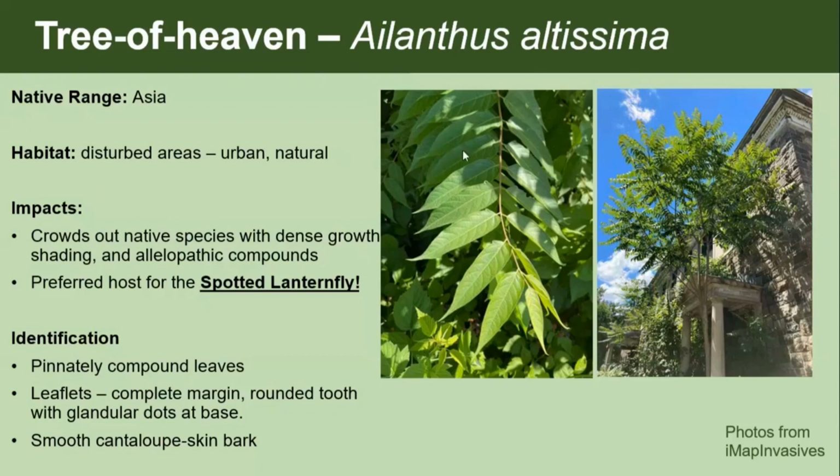And for identification, I'm just flying through it right now, but we do have more information on our challenge webpage, which I'll link to at the end of the presentation. But essentially, it has a sort of palm-esque look to it, with leaves with a bunch of leaflets around them, pinnately compound. One distinctive thing about each of these leaflets is that they have these little teeth at the base.